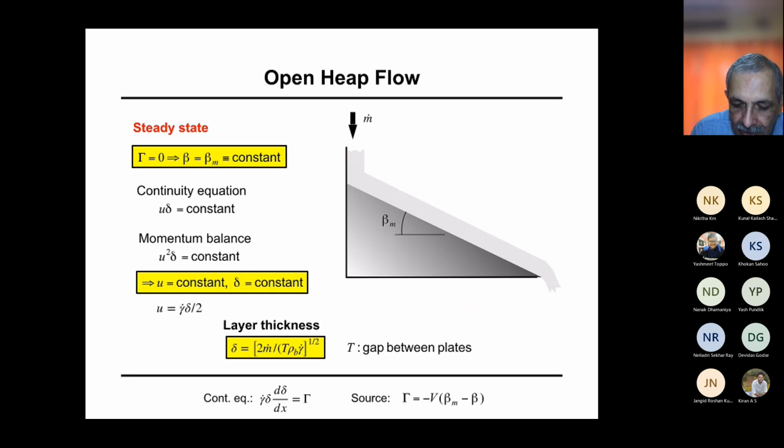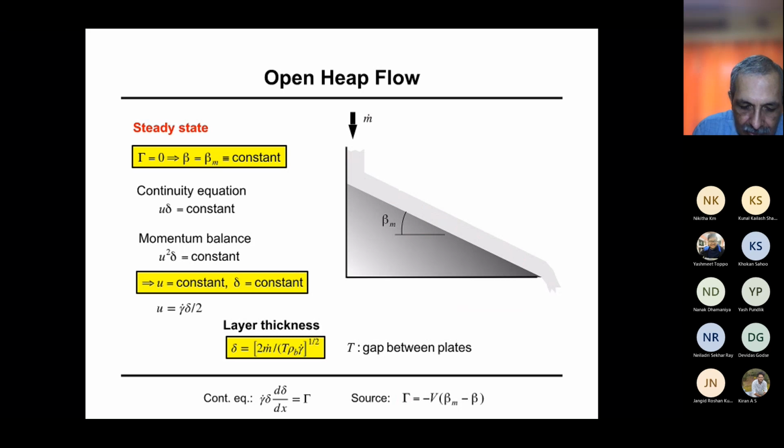And so you have a constant angle, and that angle should be equal to beta m as per our theory, because in this particular term, since it's at steady state, there's no material depositing and no material being eroded. So in this, gamma is equal to 0. So if gamma is 0, then beta must be equal to beta m. And it's a constant.